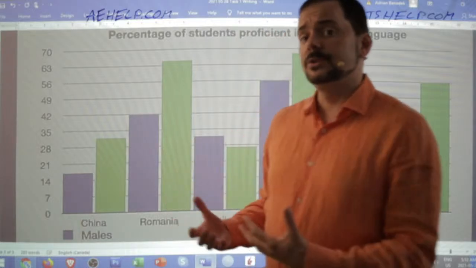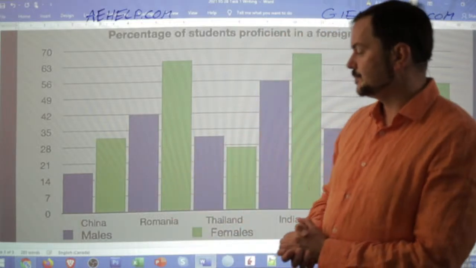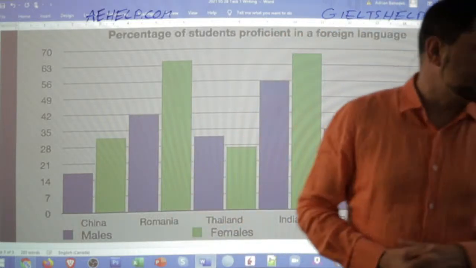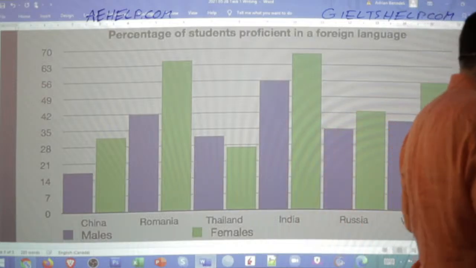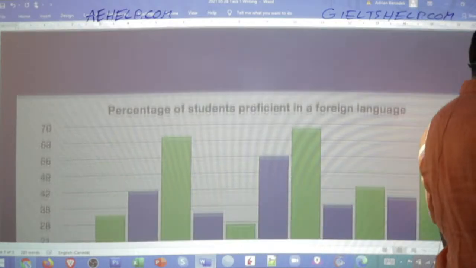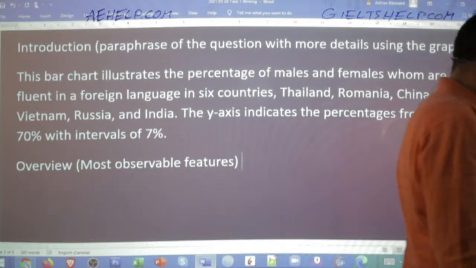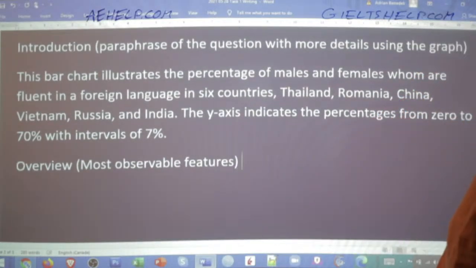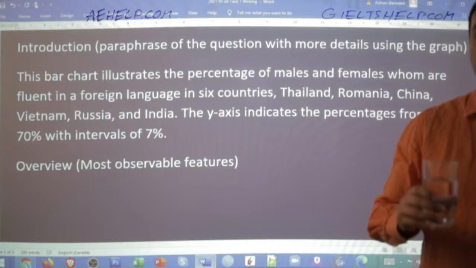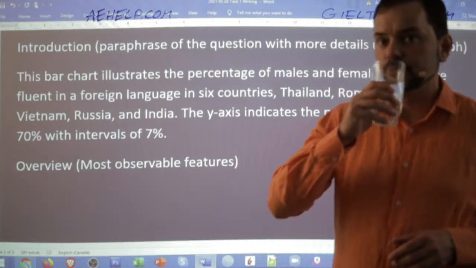So that's what we want to write in our overview. Okay? And that's what I would start with. All right. Good. I'm happy that everybody caught that and you weren't just stuck on the fact that India has the greatest number of foreign language speakers.